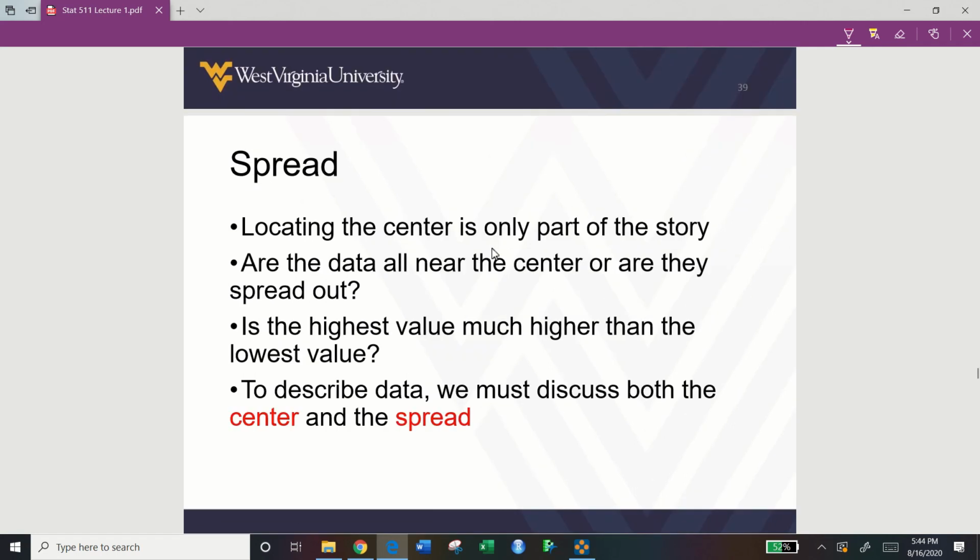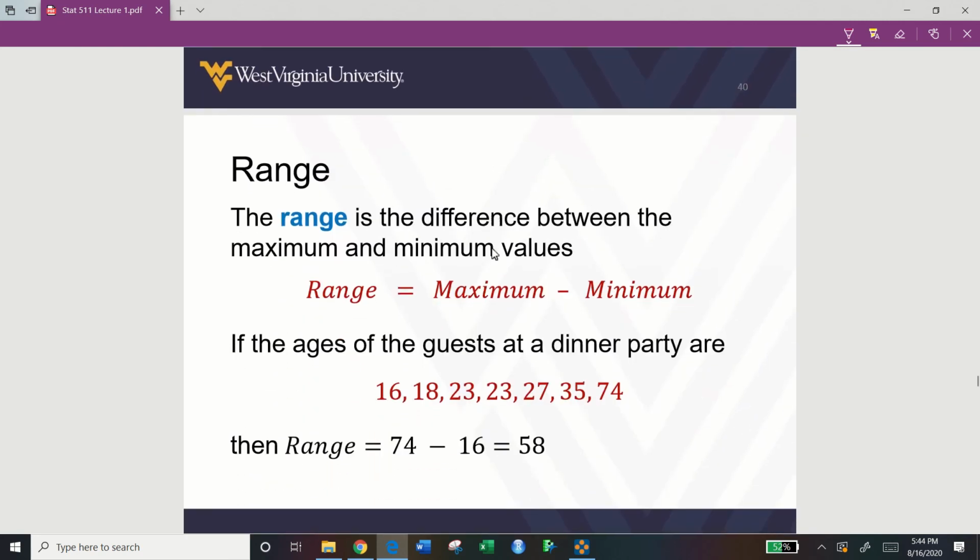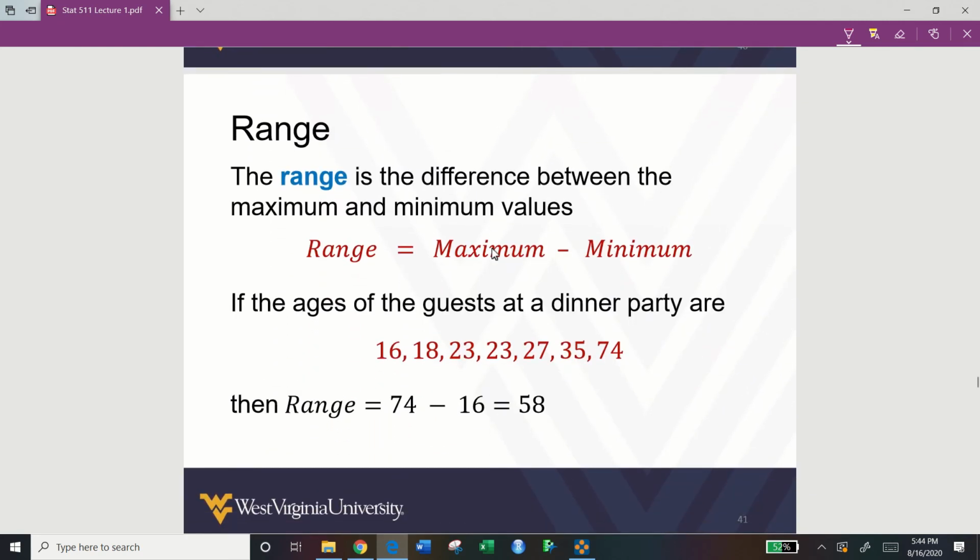So to show that visually, is our data more centered, or do we have more of an even distribution across a larger range of data? So this is why we really concern ourselves not only with the center of the data, but also how far it spreads out.